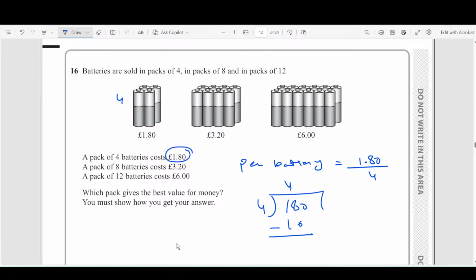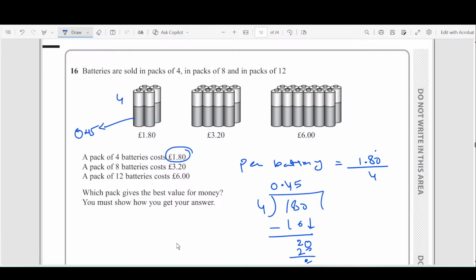Subtract them, 18 minus 16, 2. Then take this 0 down. 4 times 5 is 20. And the remainder is 0. After 2 digits, you put the decimal, and the answer would be 0.45. So for this, each battery costs 0.45.